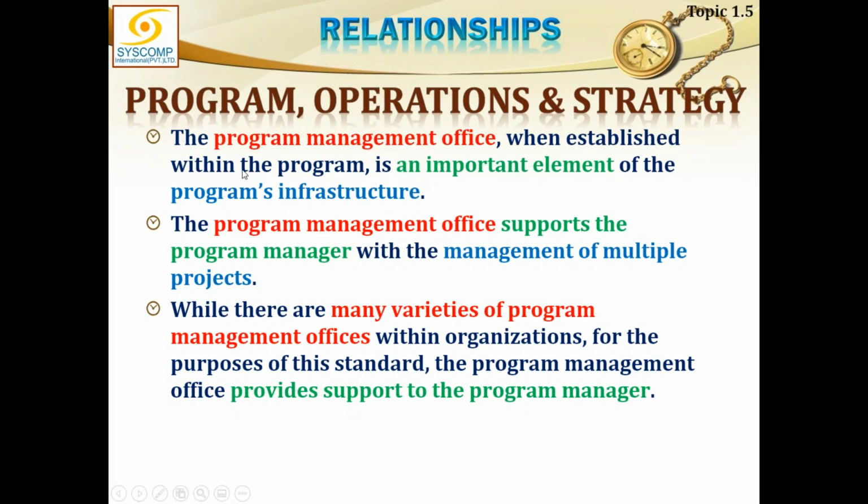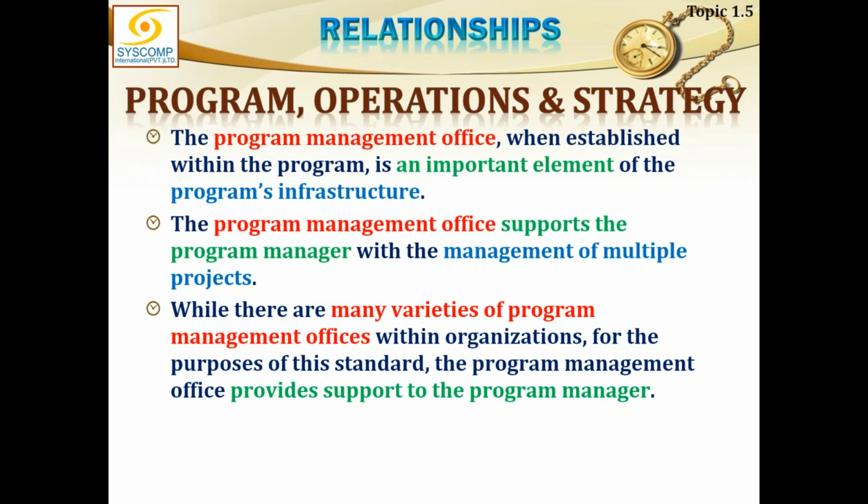I have a question. Will an organization have a program management office and a project management office? Can these two PMOs exist, or only one has to be there? Of course, it can exist in any combination, and there are many variations to it. Maybe you have a centralized PMO for the whole organization, or a centralized PMO and departmental PMOs working under it.